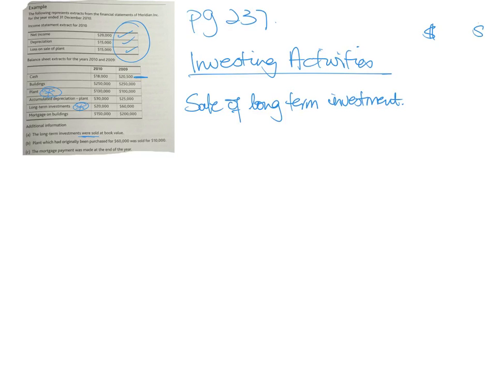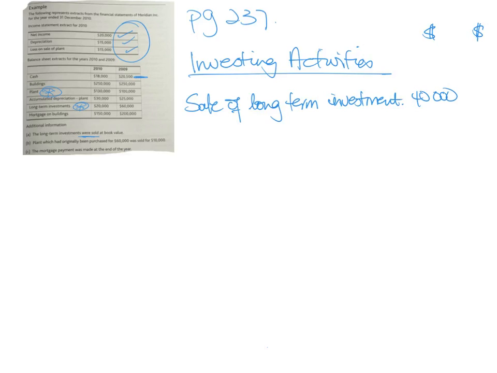That's the value we're looking at, and the cash that we sold it for would be $40,000. Since it's a sale, money is coming in, so we will have that as a positive, right?